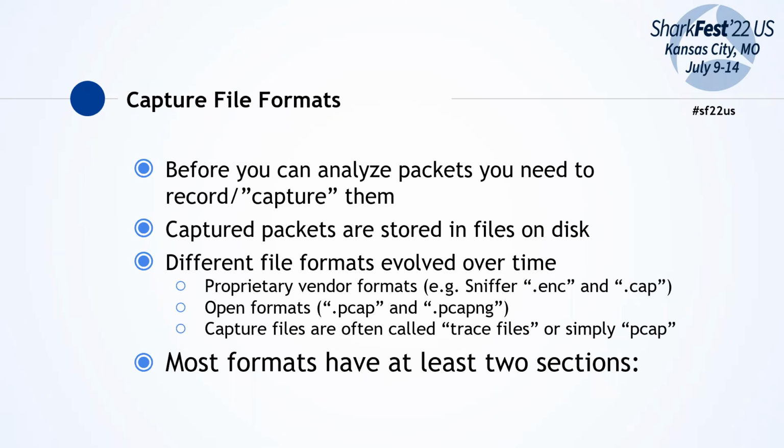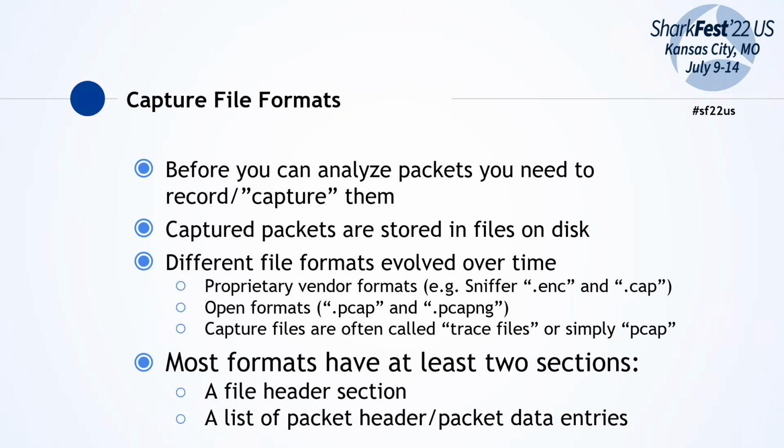Important to know maybe is that most formats have at least two sections. They have a file header section that contains some information about the file in general, and then a list of packet header, packet data entries. So the packet that you capture on the wire is as it was on the wire, but there's some information that you need to add to it to store it correctly, because, for example, a packet on the wire doesn't know when it has been on the wire, right?